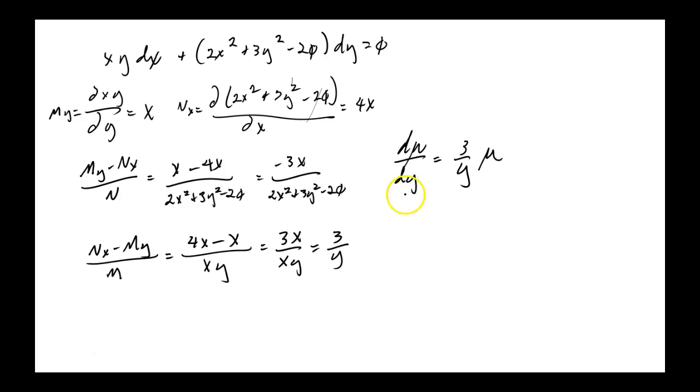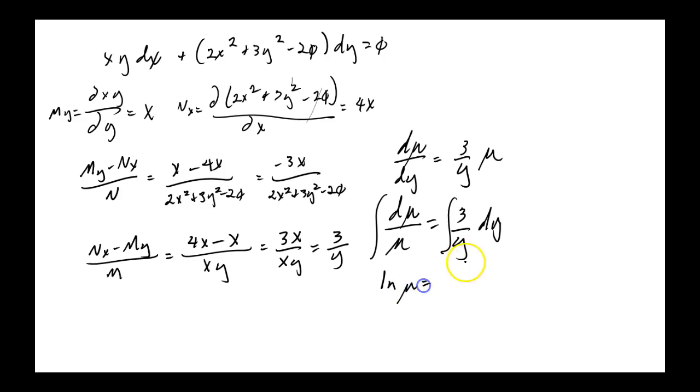Okay. So let's do d mu over mu is equal to 3 over y times dy. What does that give us? Okay, this is ln mu is equal to 3 ln y.